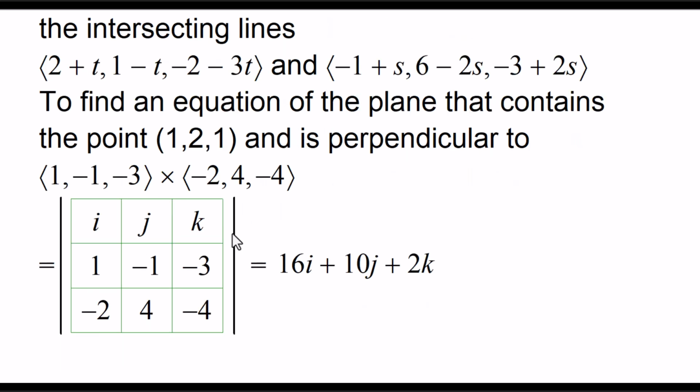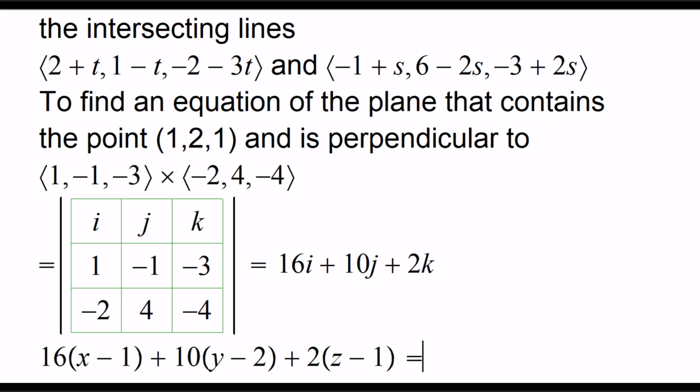So we have to find the equation of the plane that passes through this point and is perpendicular to this vector. That will be routine: 16 times (x minus 1), plus 10 times (y minus 2), plus 2 times (z minus 1), and that equals 0.